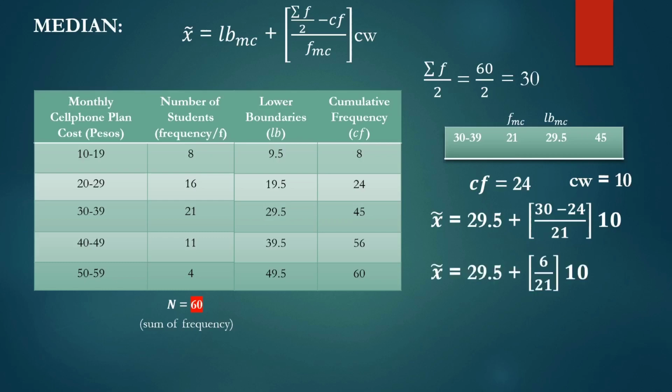So 29.5 plus 6 divided by 21 times 10. Use your scientific calculator and solve 6 divided by 21 times 10, that is 2.85. Next, 29.5 plus 2.85 is 32.35. So our median is 32.35.